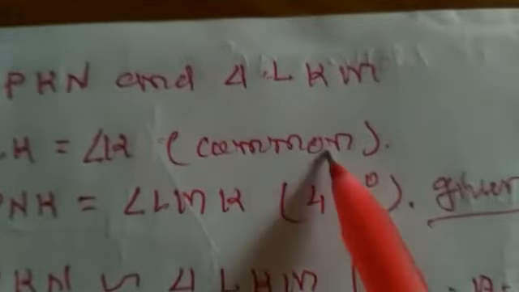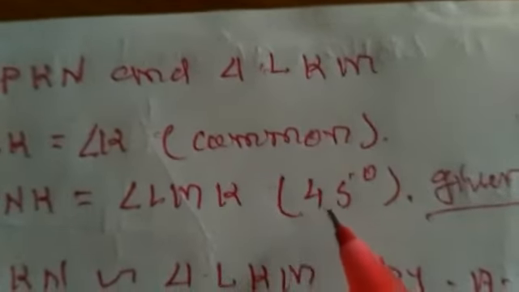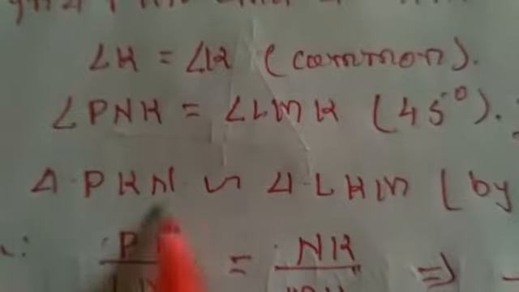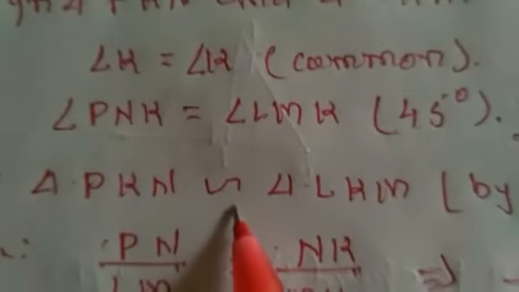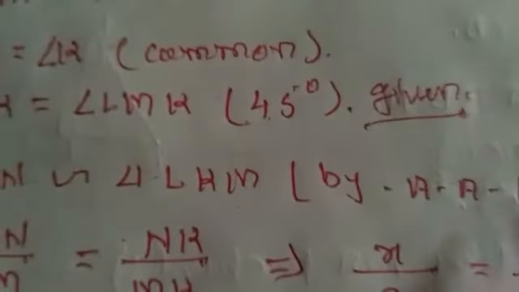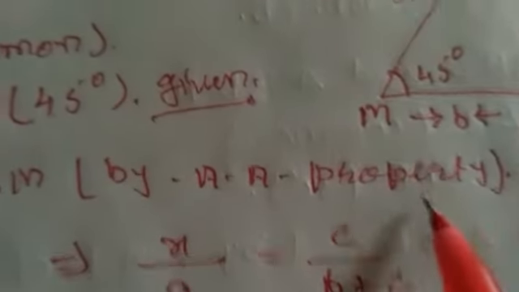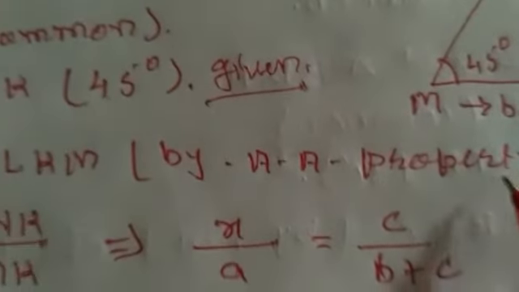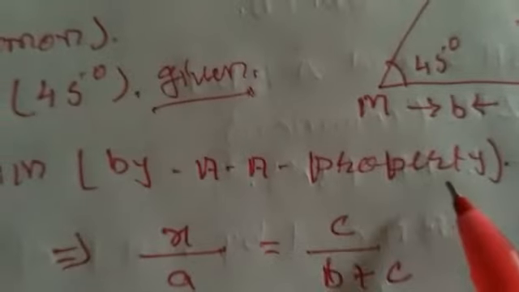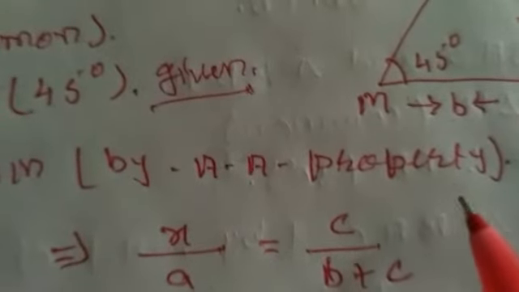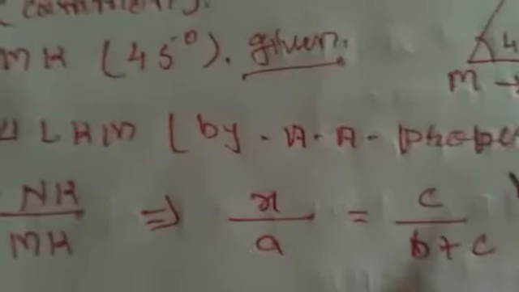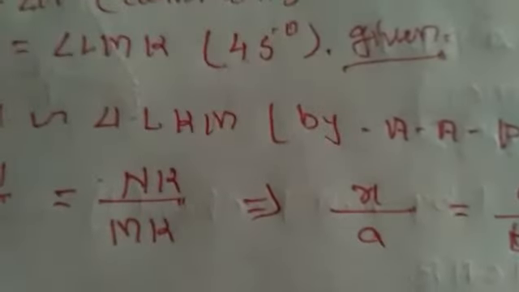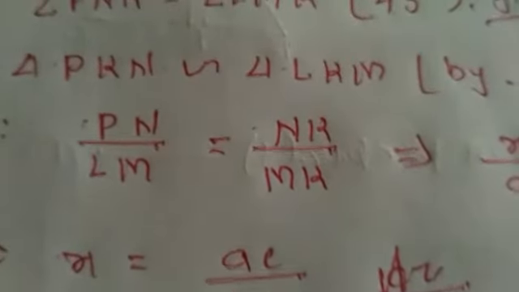So since two angles of the two triangles are equal, triangle PKN is similar to triangle LKM by the angle-angle property. And when these two triangles become similar, their corresponding sides must be proportional.